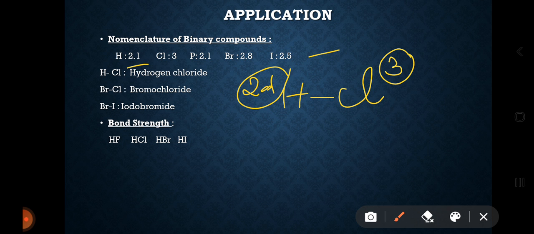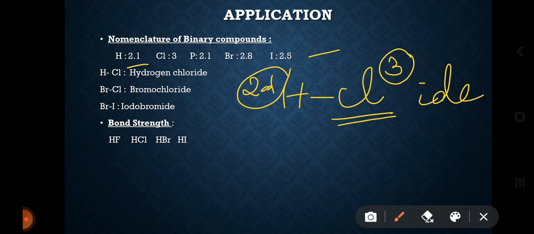So the element having the greater electronegativity value is written at the end and it should end with the suffix -ide. Hydrogen chloride, not chlorohydride.